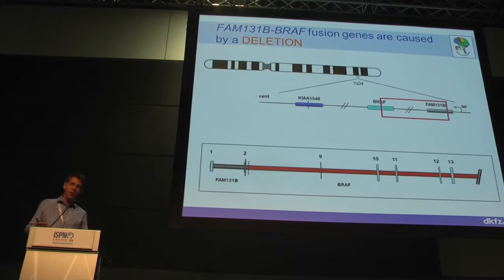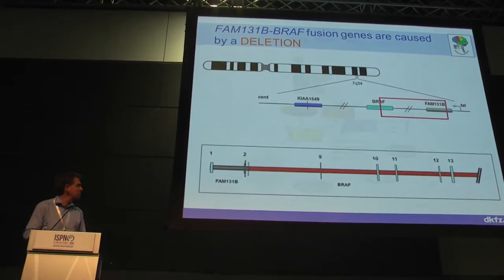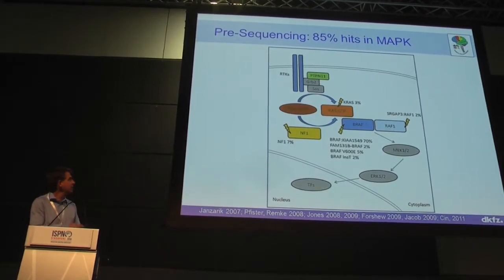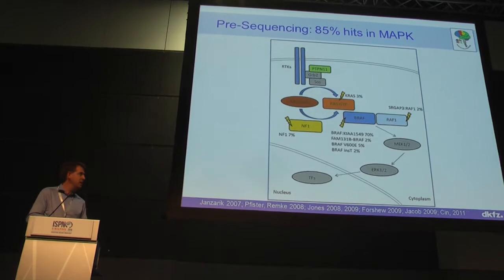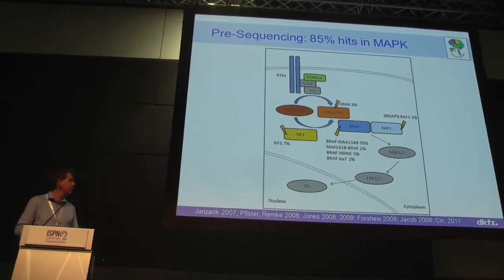So we already knew before we even started to do whole genome sequencing on these tumors that quite a substantial fraction of them, and I think it's probably around 85%, have hits in one single pathway, which is the MAP kinase pathway.